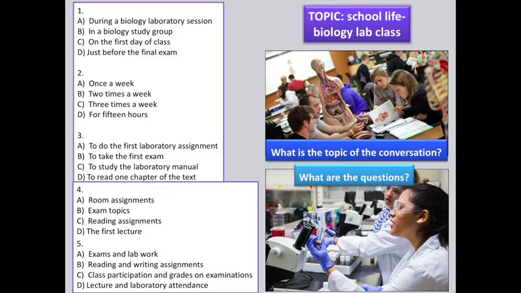Now we can look at the answers for each question and try to determine what type of question it will be. Number 1, all of the answers have a time: during the lab, in the group, on the first day, before the final exam.